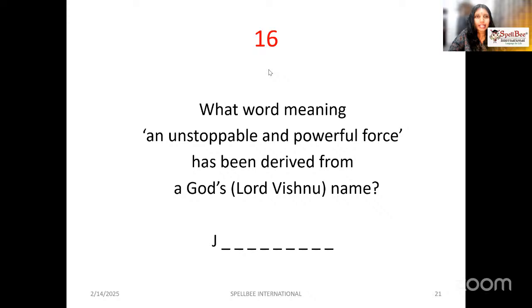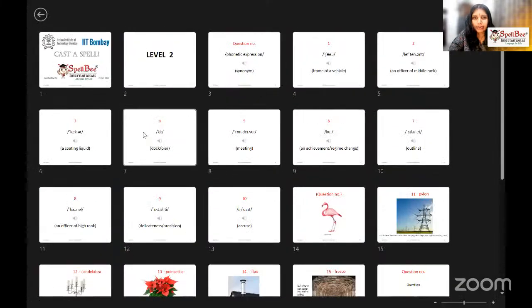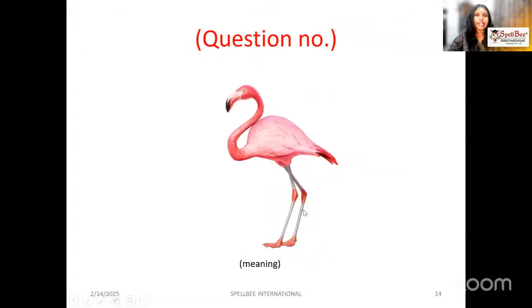Give me a second. I'll just check all the slides. I'll take you where you need to be taken to. Yes. So for this, as clue, what you will have is the picture and the meaning. The meaning or the synonym. You're going to find with the help of the visual, what is this thing? What is this? Can you answer for this?